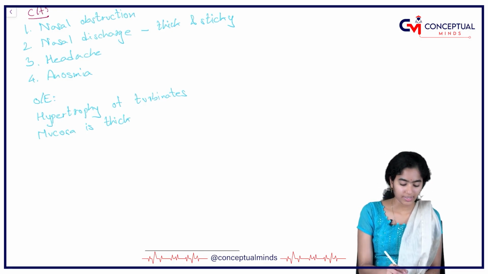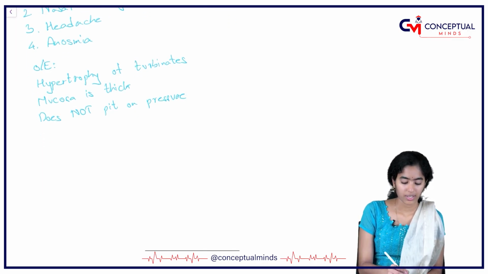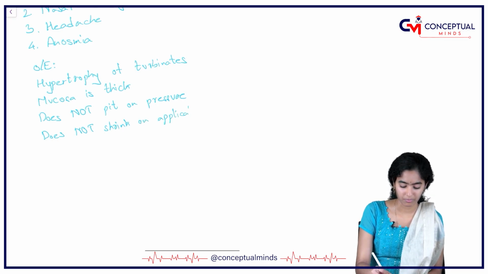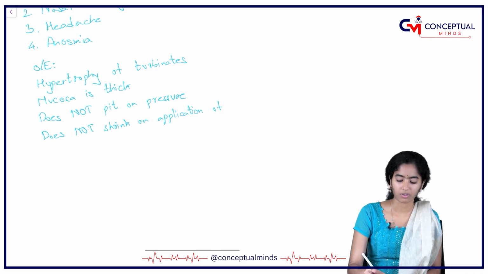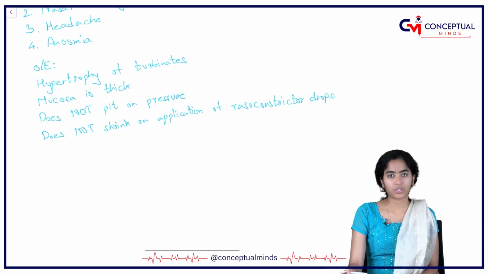And most importantly, it does not pit on pressure, and it does not shrink on application of vasoconstrictor drops. There is very minimal shrinking, or I can say no shrinking at all.